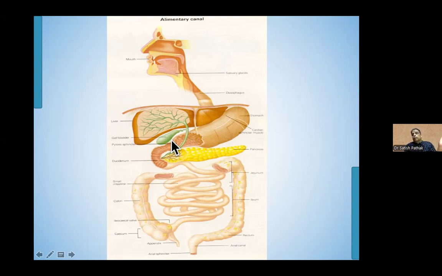This bladder will burst. So whenever the bile is secreted, it comes into the gallbladder. It is a storehouse. So to accommodate the next lot of bile, the water content of this bile is absorbed.